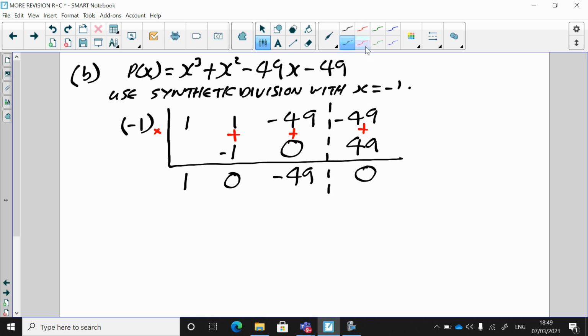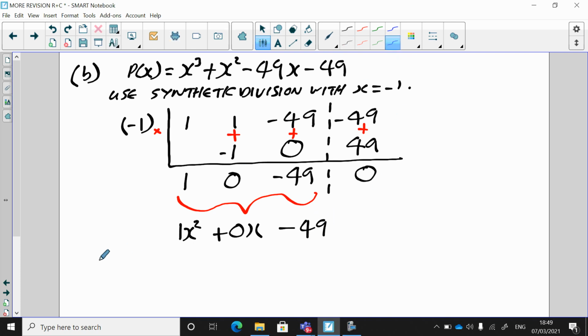So what I've actually found here is, upon dividing by x plus 1, these are the coefficients of my quotient, which will be 1 degree less than what we started with, which is x cubed, so it'll go down to x squared. So here, that'll be 1x squared plus 0x take away 49.